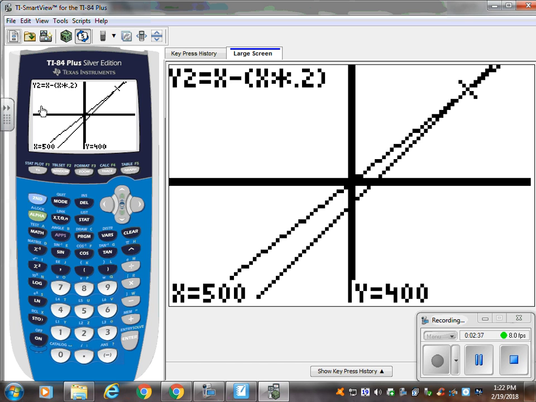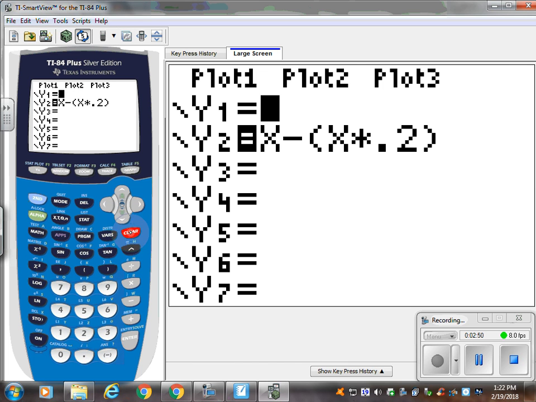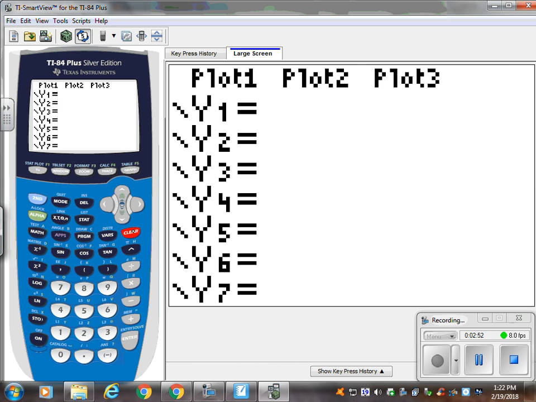Let's do the 84 because I don't know if the 89s will be really good for this particular part. So we're typing it in at Y equals.